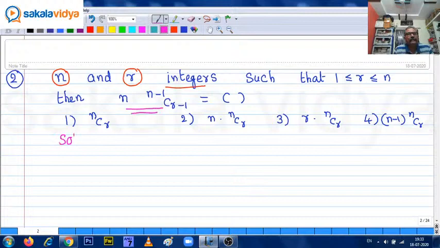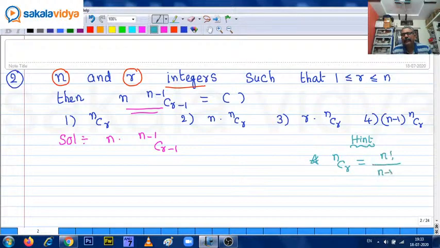Solution. See, N times N minus 1 CR minus 1. From the definition of NCR we need to remember: what is the NCR formula? N factorial upon N minus R factorial upon R factorial. Using this property, this can be written.